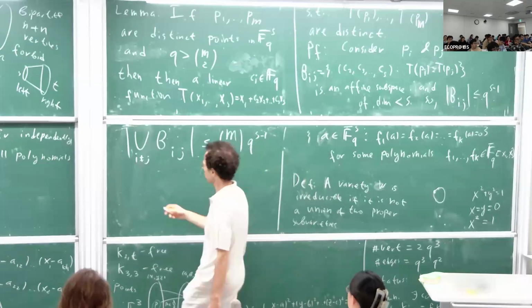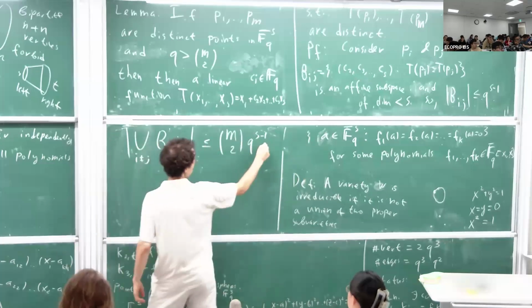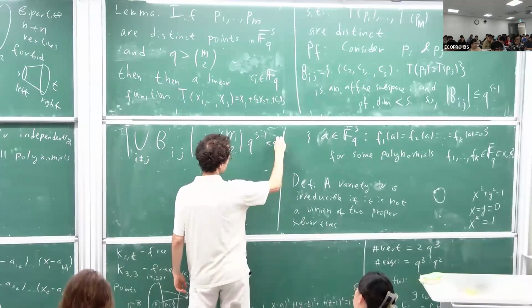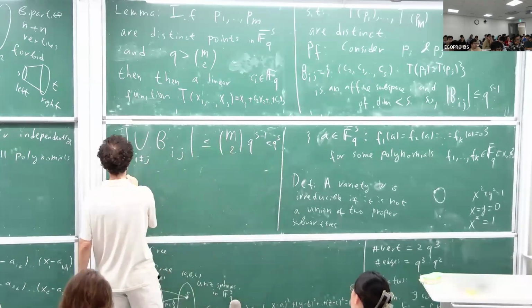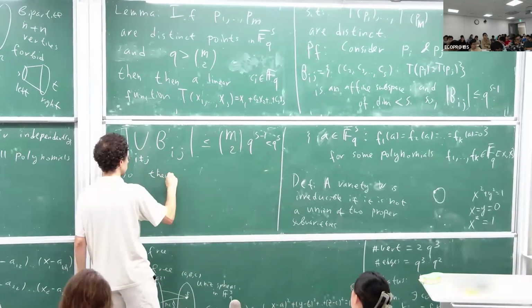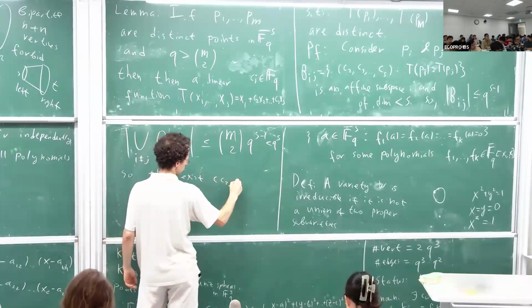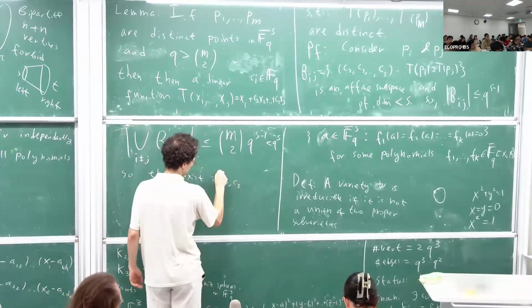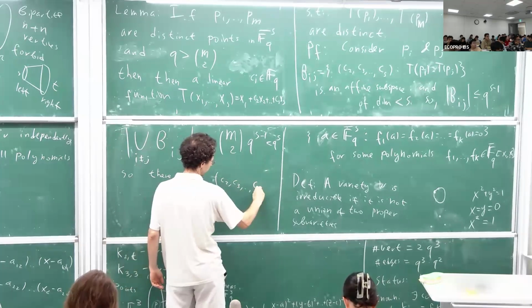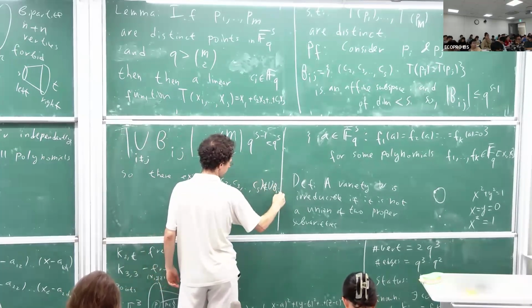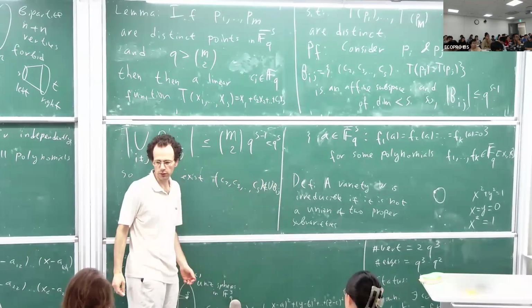And since M choose 2 is less than Q, this is strictly less than Q to the S, and so there exists some choice which is not in that union. And that's all we really want.